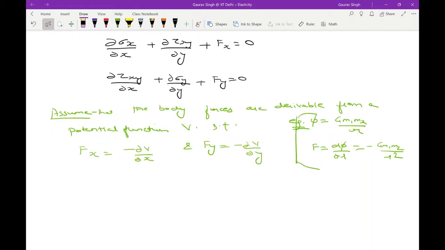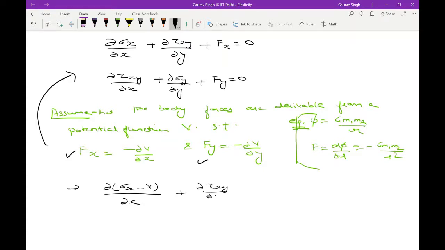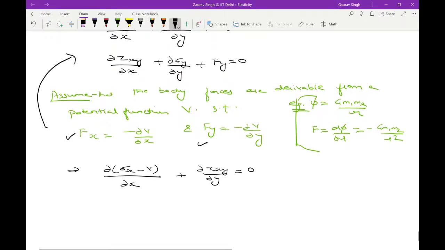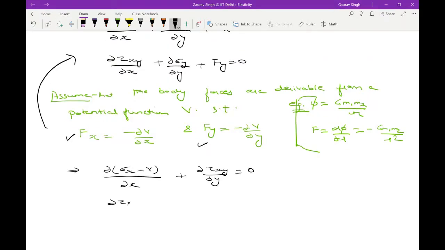Now we want to put this and this into the equilibrium equation. This should give us ∂σx/∂x minus ∂V/∂x plus ∂τxy/∂y equal to 0, and similarly for the second equation.